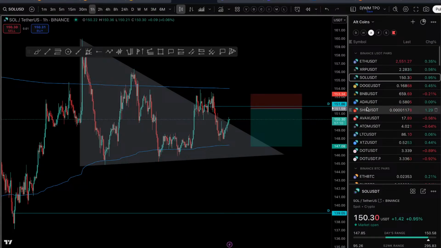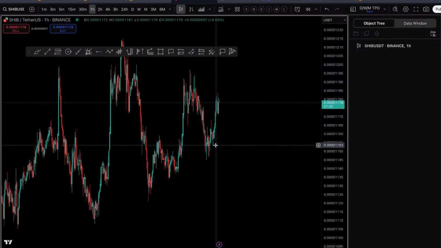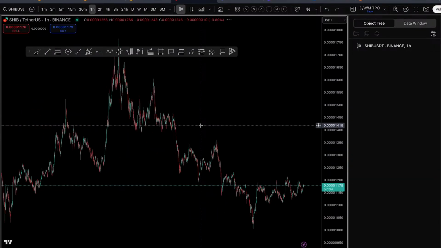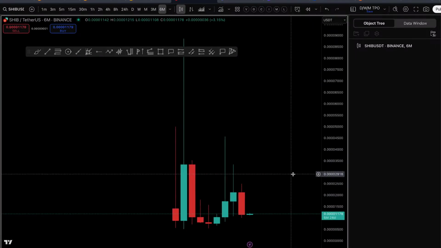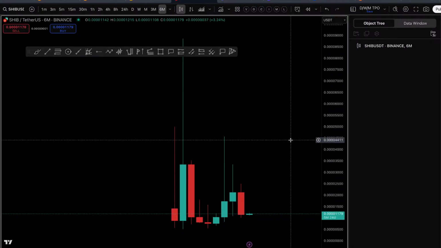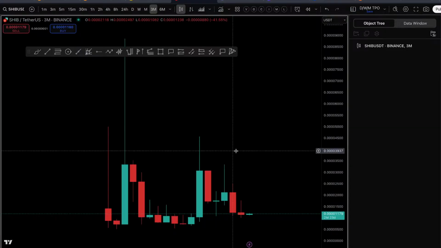Now let's do Shiba Inu. Never done Shiba Inu before. Let's see what Shiba Inu has. Okay, bruh. You see it, meme coin after all. Yep.